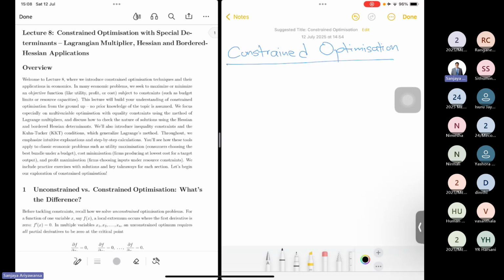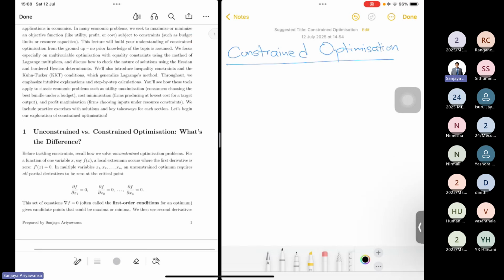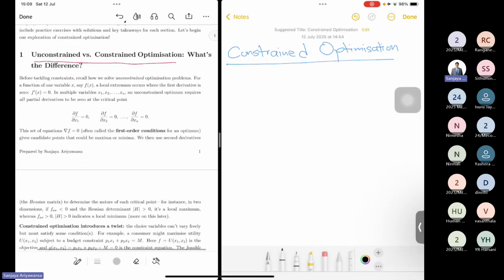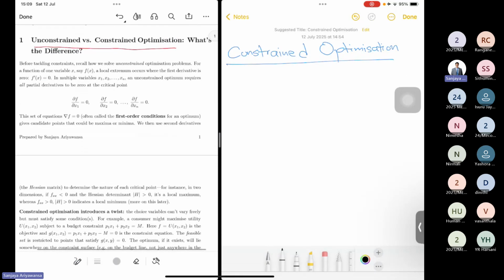But before we get to constraint optimization, the first section here is unconstrained versus constrained optimization. Earlier, before this lecture, we were talking about unconstrained optimization. So you have a particular function, f of x, let's take several variables, x1, x2, up to xn.